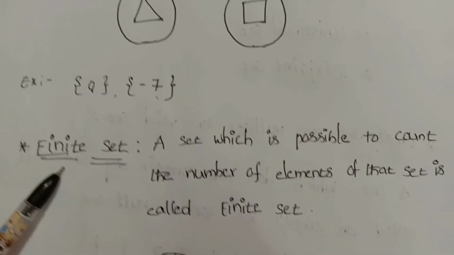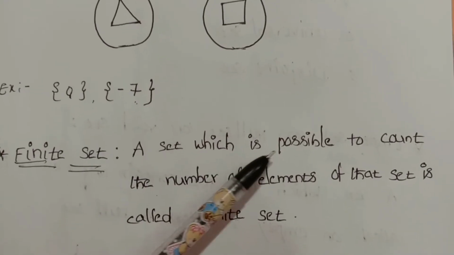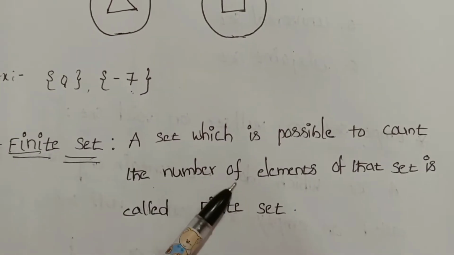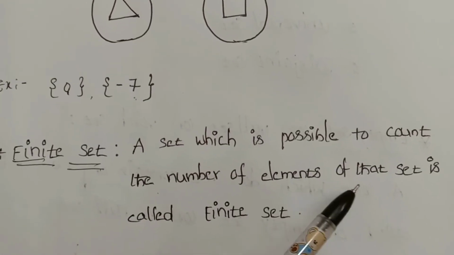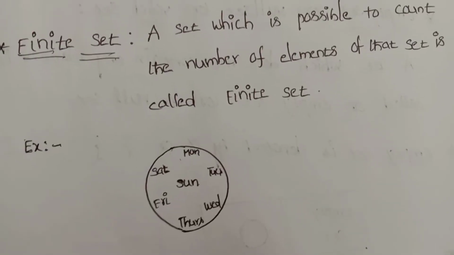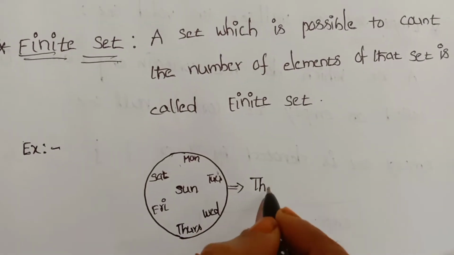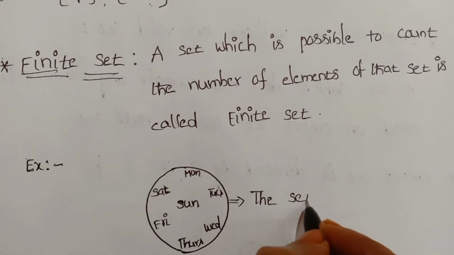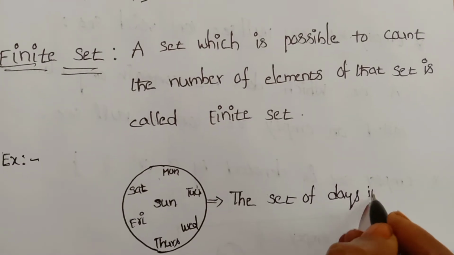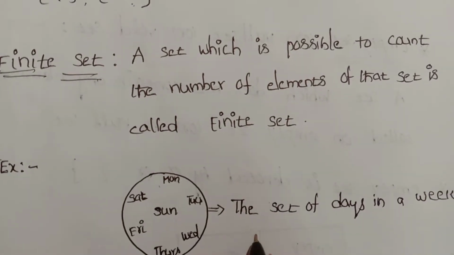Third type of set is finite set. A set in which it is possible to count the number of elements is called a finite set. Example of finite set: the set of days in a week is a finite set.